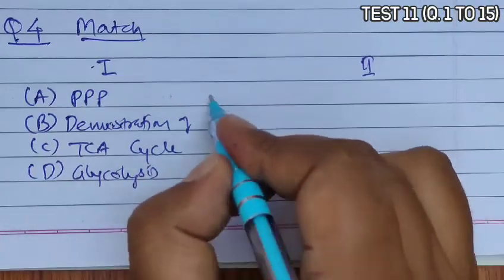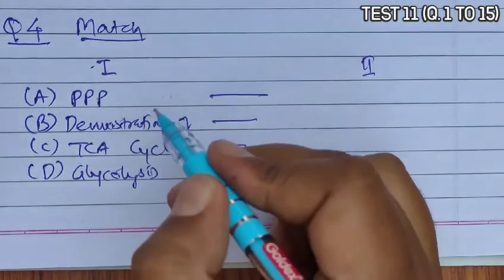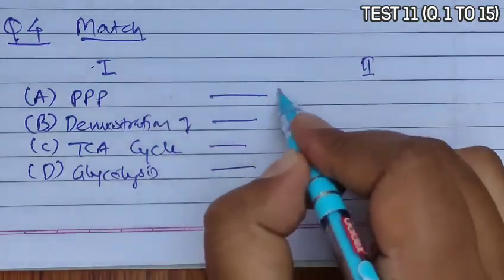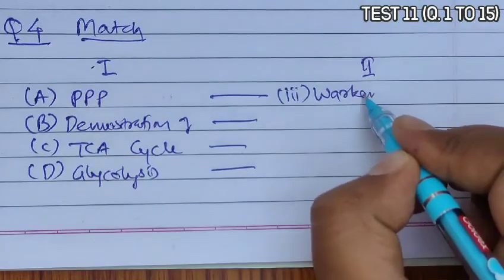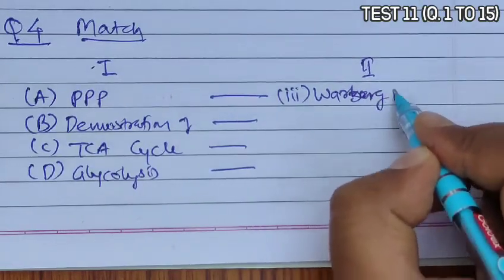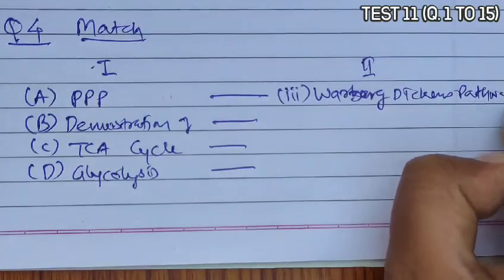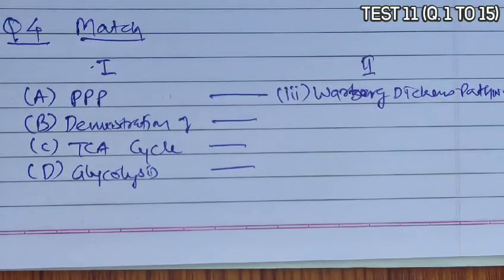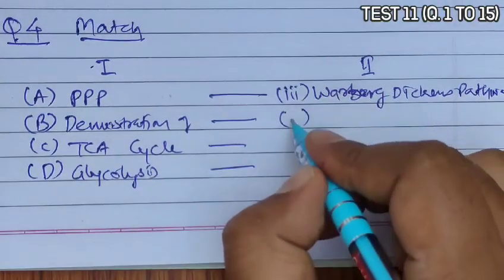Now if we match with column 2, PPP matches with the Warburg-Dickens pathway, that is option 3. As you know, PPP is known as the Warburg-Dickens pathway, which is an alternative pathway to glycolysis.